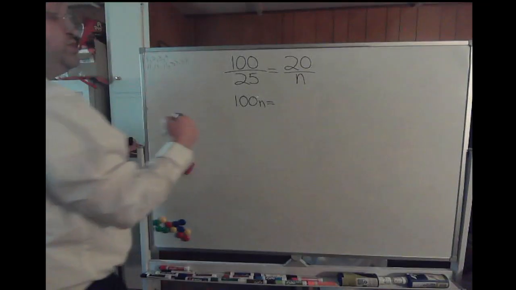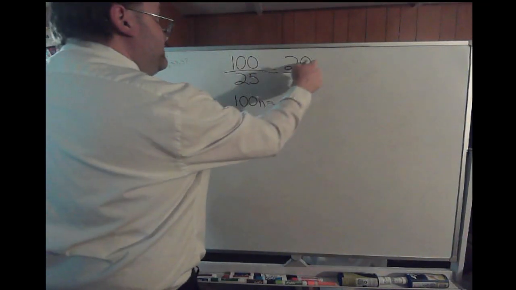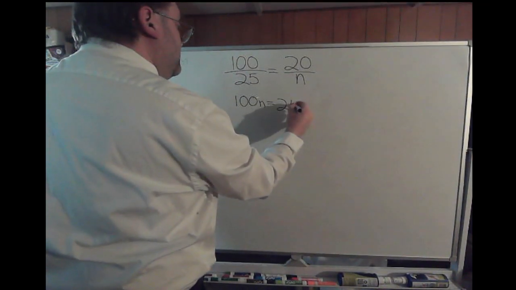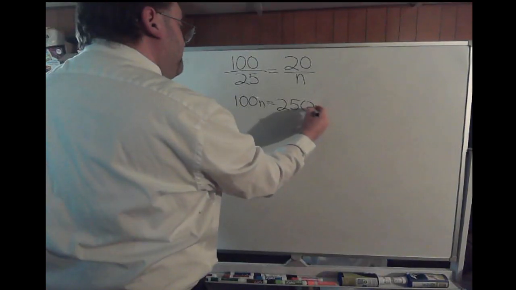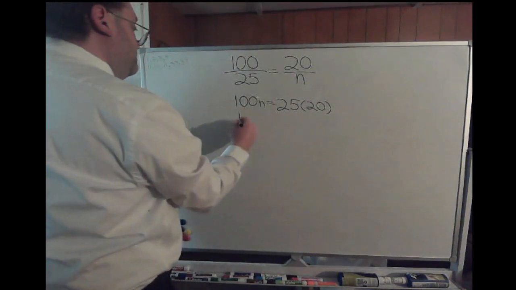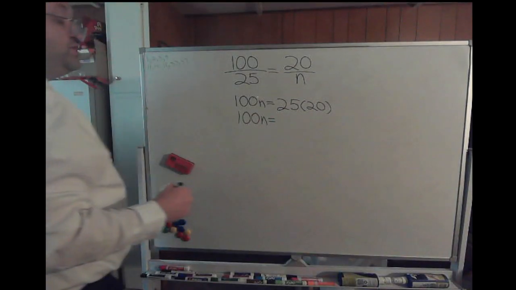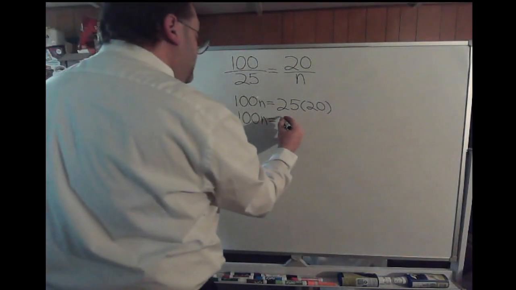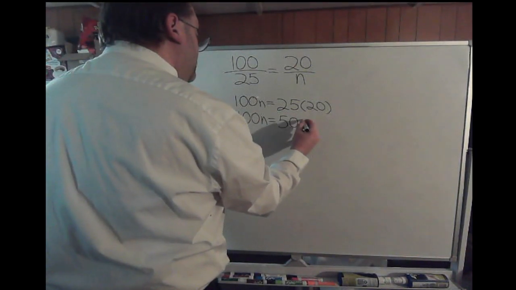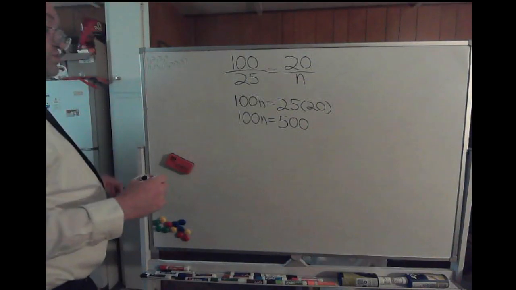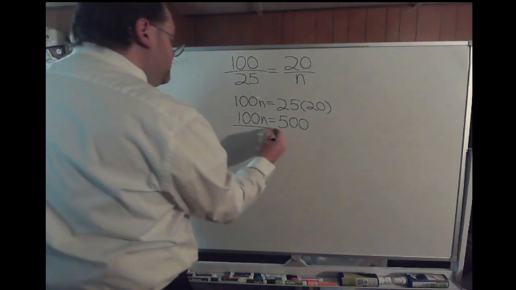You'll set that equal to the other cross product of 25 times 20, which I'll write here. So you'll still have 100n. 25 times 20, that's going to be 500. Now, in order to get n by itself, you'll just divide both sides by 100.